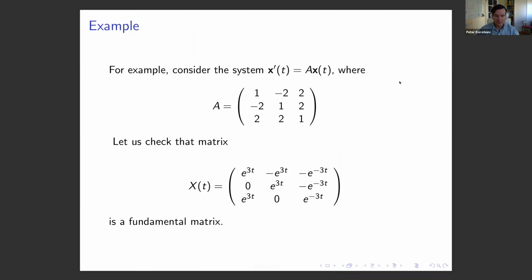Let's check that this matrix capital X, which is filled with exponential functions of 3t and negative 3t, is a fundamental matrix. In other words, the first column, e to the 3t, 0, e to the 3t, is a solution, the second column is a solution, and the third column is a solution. These are the three fundamental vector functions, which are solutions of this system of ODEs.